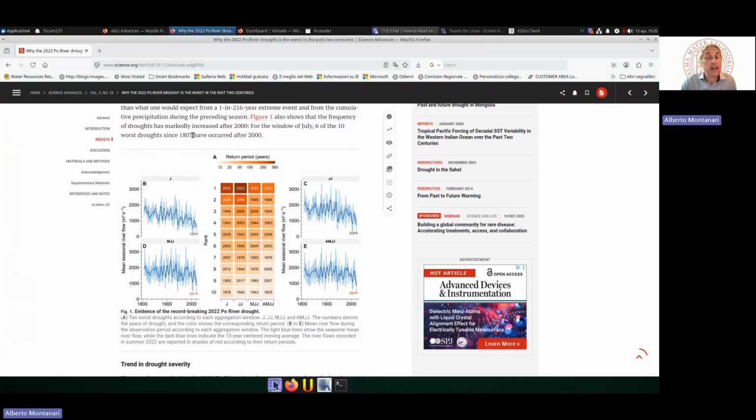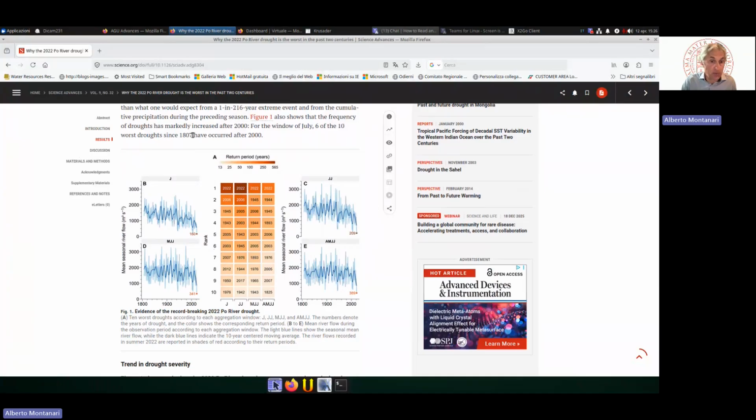And we have, again, 207 values of flows in June and July, JJ. And then third column, May, June, July, MJJ. Fourth column, April, May, June, July, AMJJ. And in each of these columns, we report the most severe years in terms of flow scarcity.